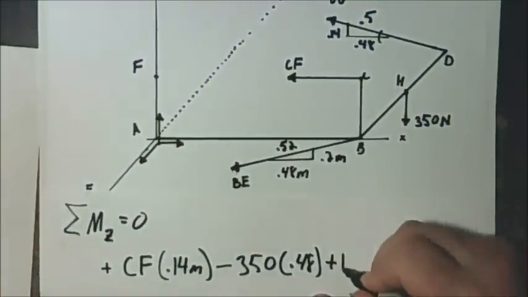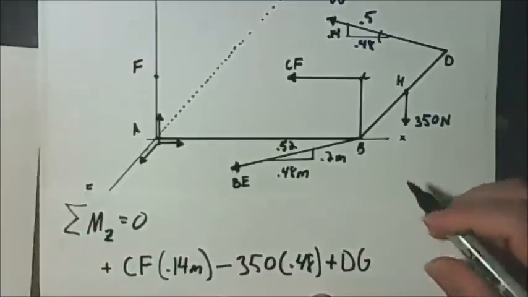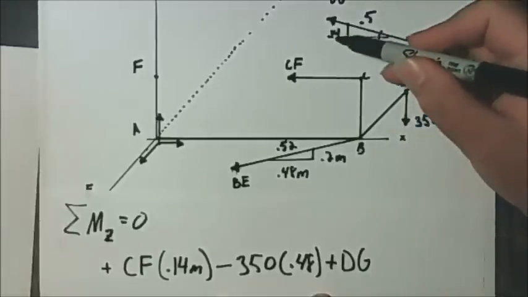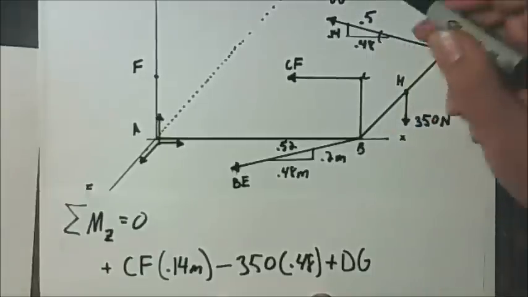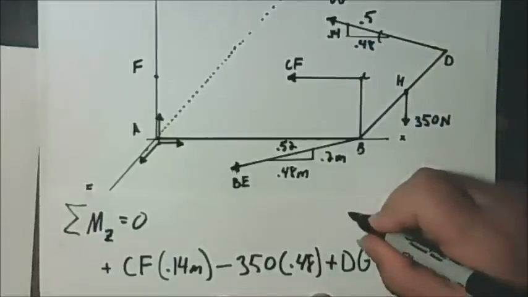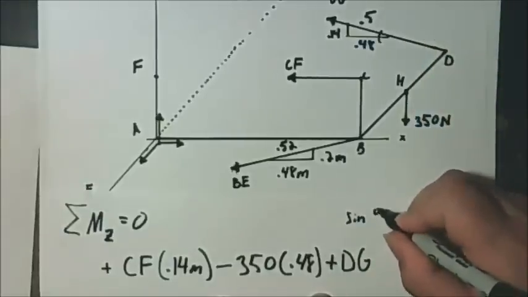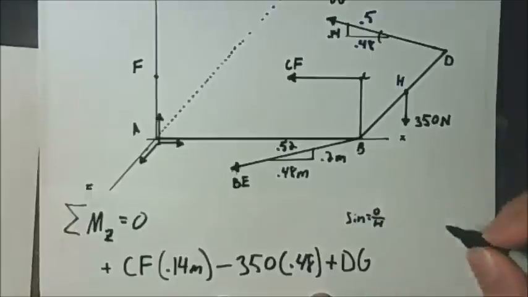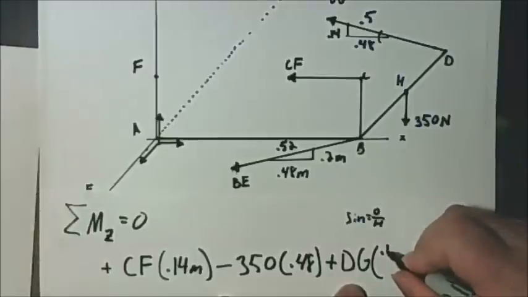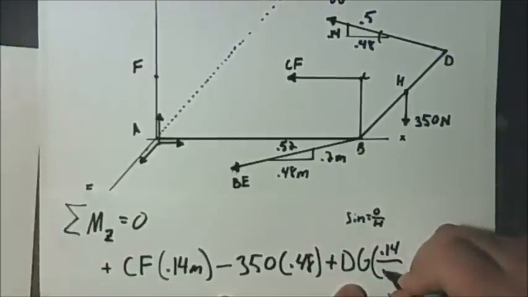So this is going to be plus the tension of DG, and we only want the vertical component, so this is going to be the sine, that is the opposite over the hypotenuse. And so it'll be force DG times 0.14 over 0.5.